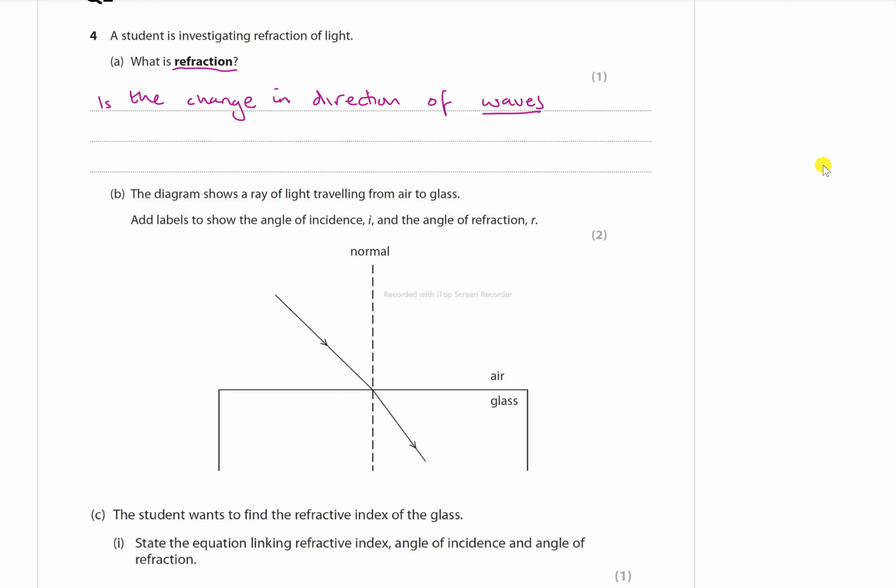It doesn't have to be light waves, at a boundary. So normally when you go from a low density medium to a high density medium, it'll change direction. And I always get it wrong which way around, but we will discover that.